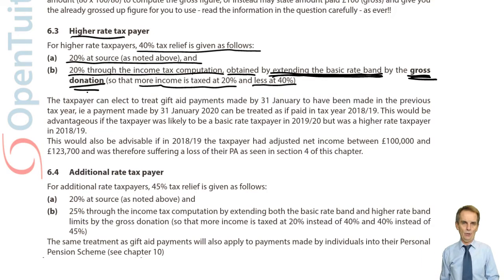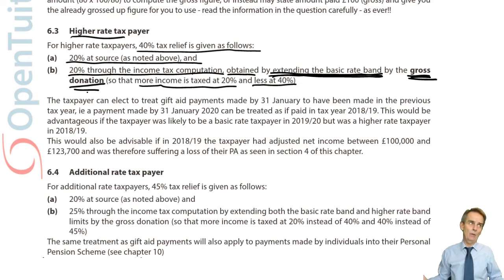Once I've got that gross figure, what do I do with it? If my taxpayer is a higher rate taxpayer, I extend the basic rate band limit of 34,500 by that gross figure. My example a moment ago, the £1,000 meant instead of 34,500 as the limit, 35,500 became the limit.